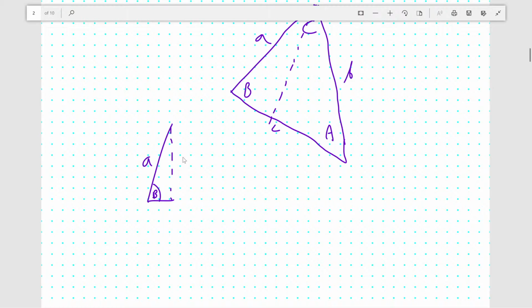So there'll be this right triangle, and we know that since sine is opposite over hypotenuse, sine B is h over A, so h is A sine B. So we know that this is A sine B. And say we also want to find this height from the perspective of this other right-angled triangle.